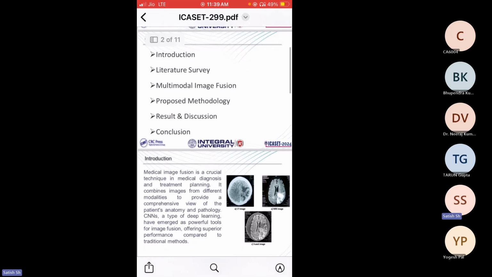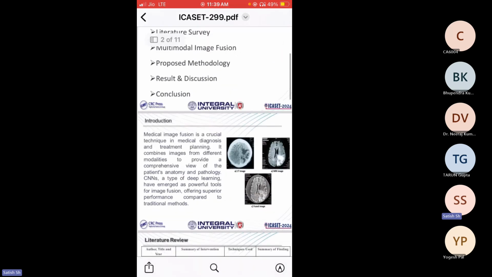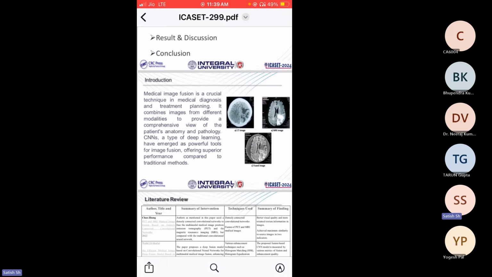So first, introduction. We have different types of medical imaging systems like MRI, PET, CT, X-rays, ultrasonography. For different organs we have multiple kinds of imaging systems for patient diagnosis.